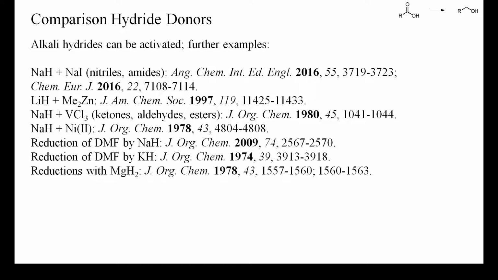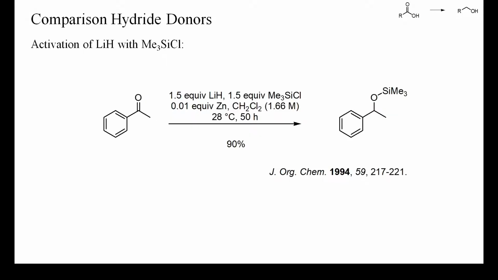It has also been reported that magnesium hydride is a powerful reducing agent for C=O double bonds when prepared as a slurry in ethers. This is an example of such an activation of lithium hydride with chlorotrimethylsilane. Still, probably because of the low solubility of lithium hydride, the reaction required 50 hours to go to completion.